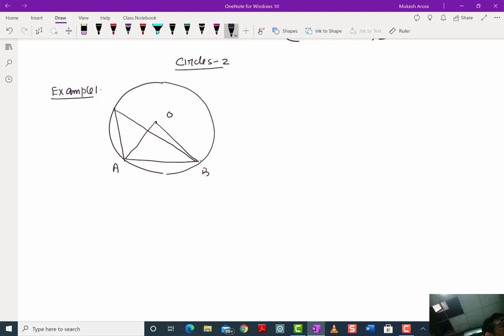If this angle AOB is equal to 90 degrees, and angle ABC is equal to 30 degrees, we have to find angle CAO.